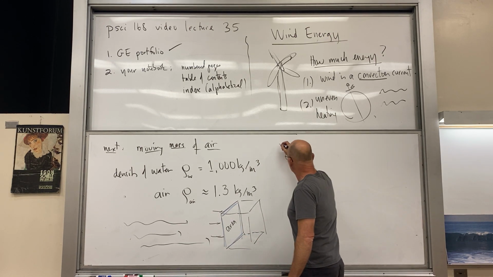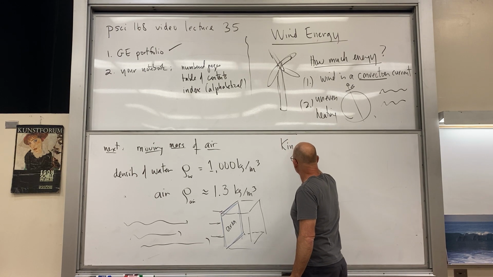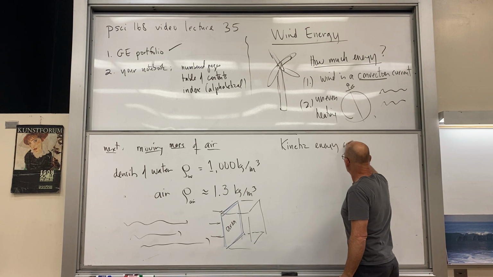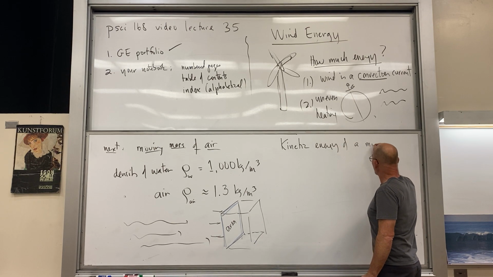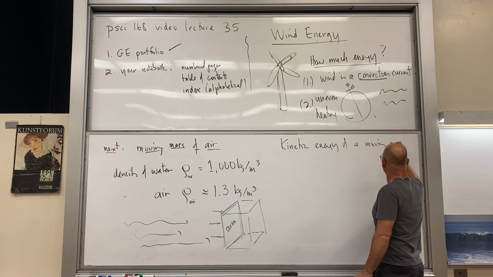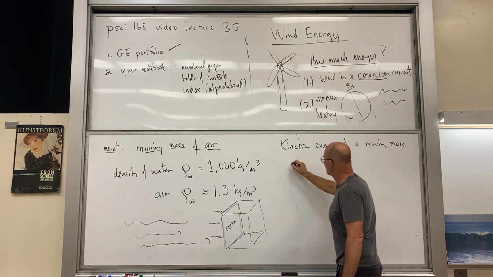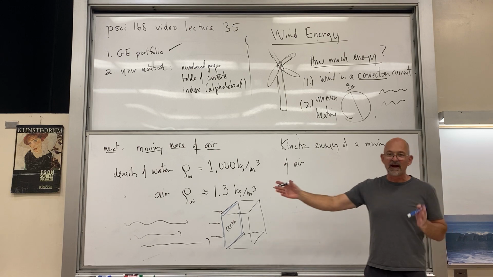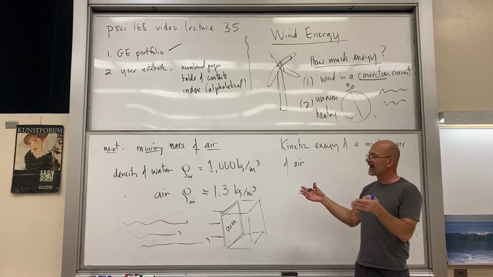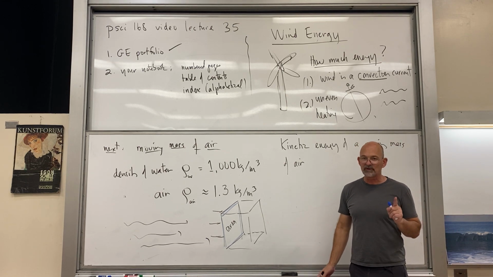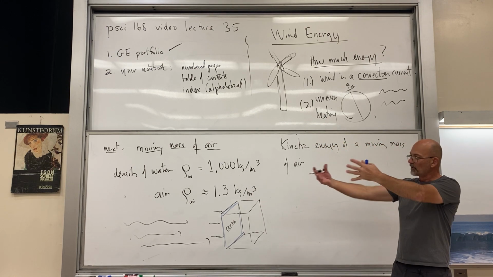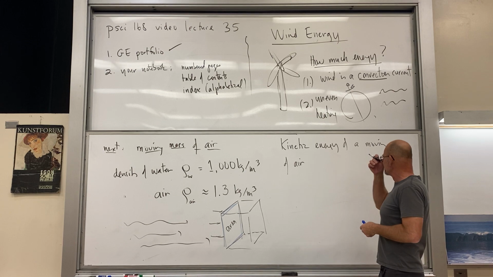So the next thing we have is kinetic energy of a moving mass of air. For example, if it were a moving mass of hot air compared to cold air, we'd say it had more thermal energy. But that's not what we're talking about now. We're just talking about this moving mass. You know, it's like a brick coming at us, except it's air.